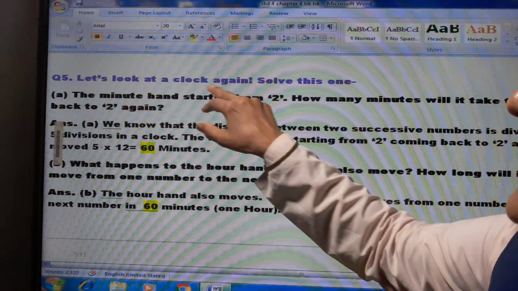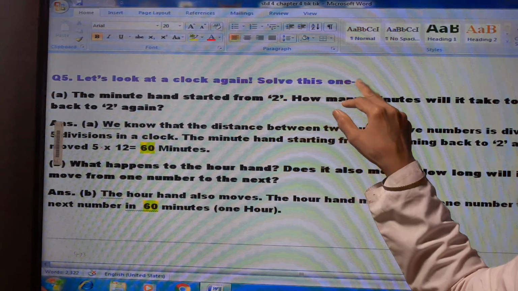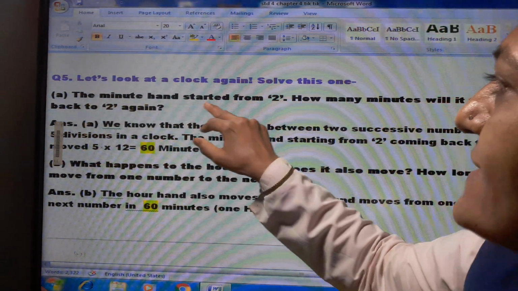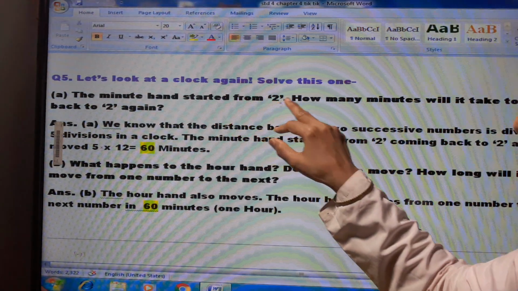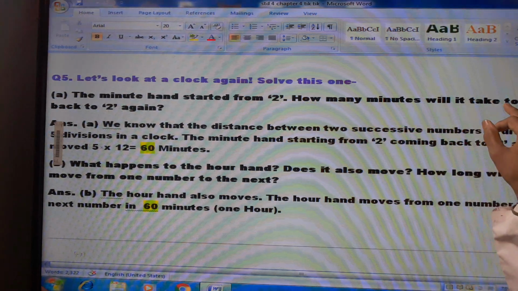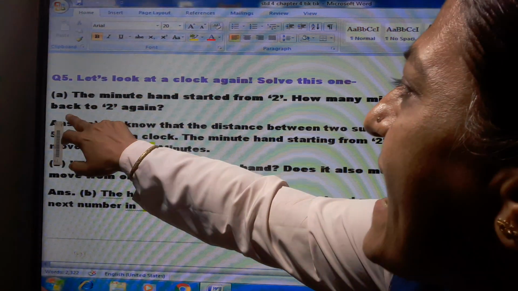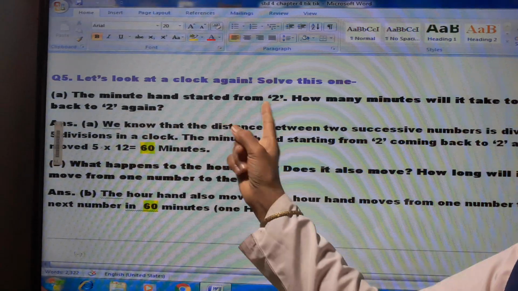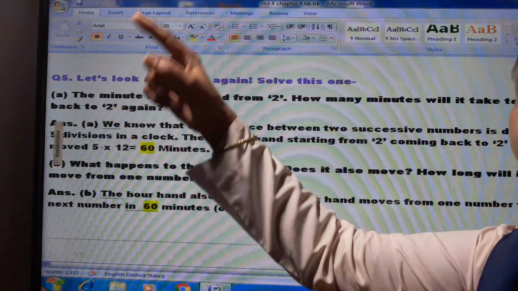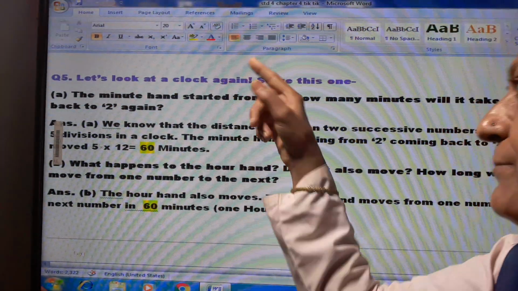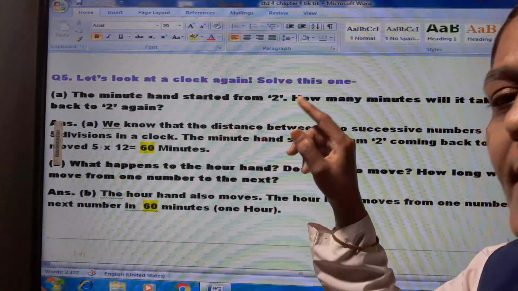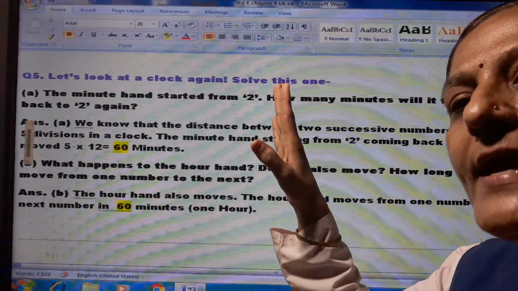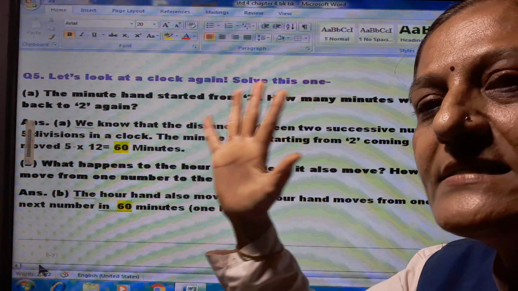Let us look at the clock again. Solve this one. The minute hand started from 2. How many minutes will it take to come back to 2? Means start from 2 and again come to 2 means one full round. And we know that in every number there are 5 minutes.